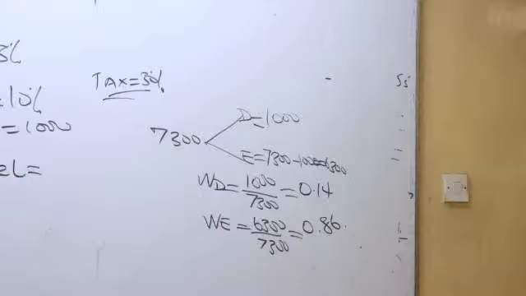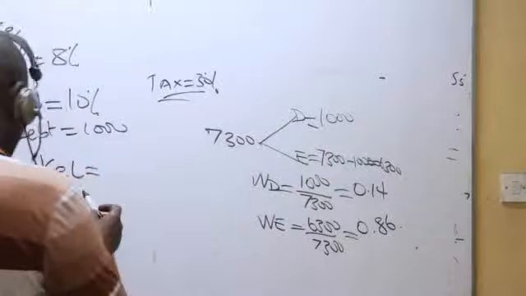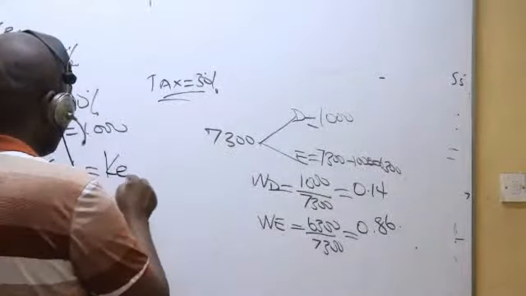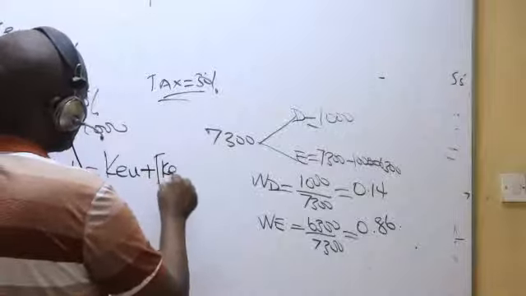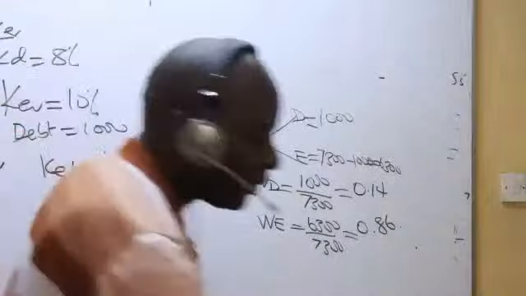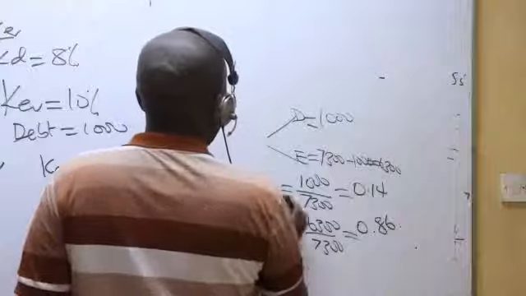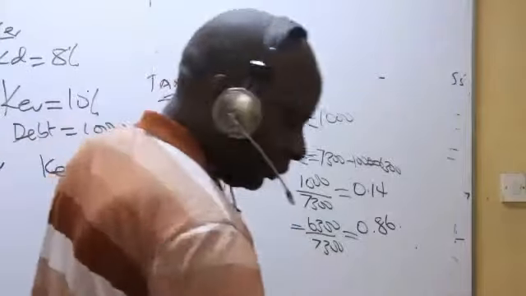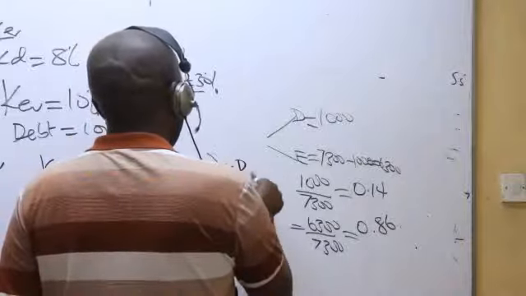John Mudhiani, KL is KU plus KU minus KD into debt over equity times 1 minus tax.